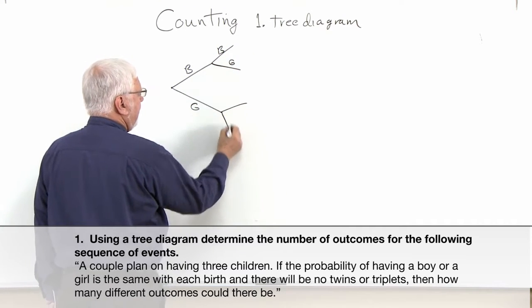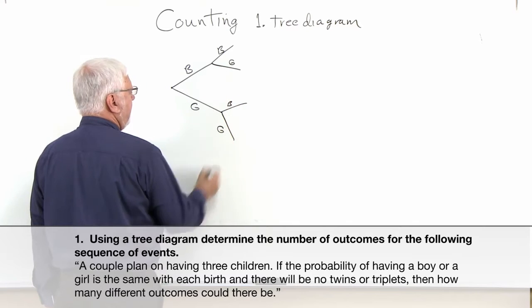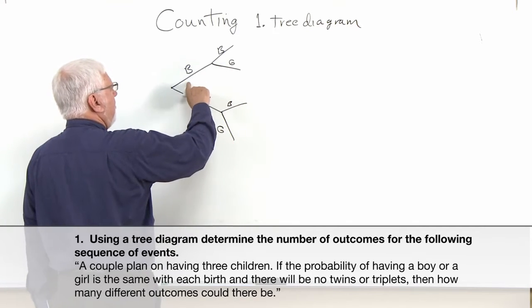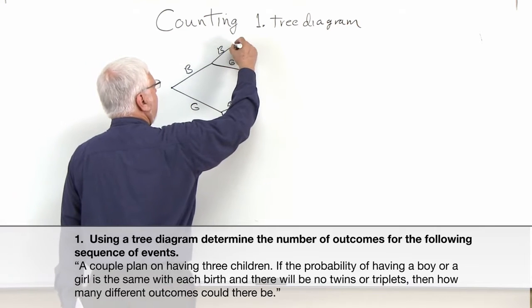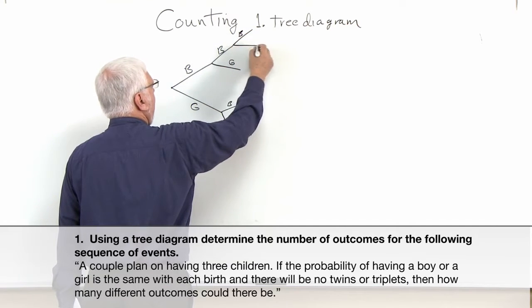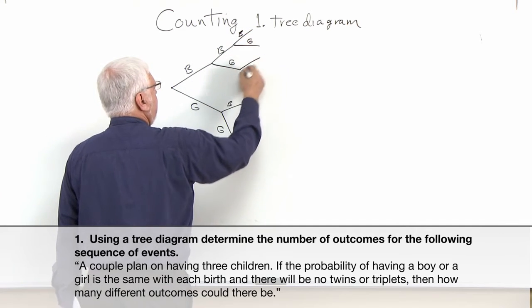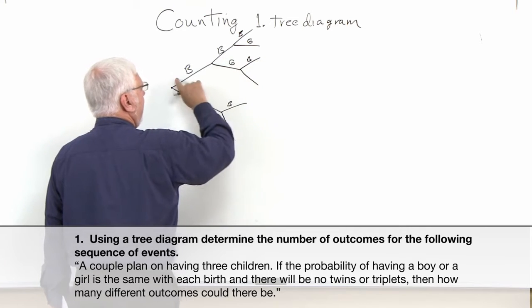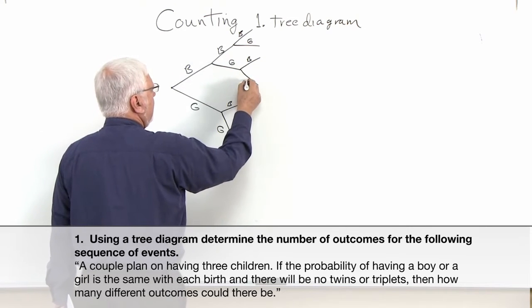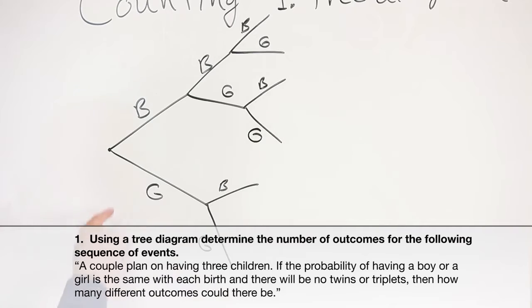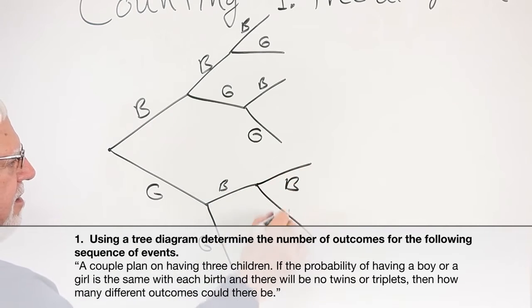Down here, if they had a girl first, they could have a boy or a girl. Now, if they had a boy and then another boy, there's still a 50-50 chance of a boy or a girl. Same with a boy, then a girl, and a girl down here. Then we've got a 50% chance here.